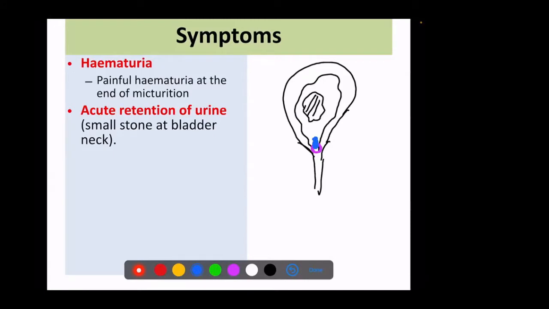Which stone can cause acute retention of urine? Answer is small. A small bladder stone can cause acute retention of urine, not the larger stone, because a large stone can cover the outlet but cannot obstruct the urinary flow.